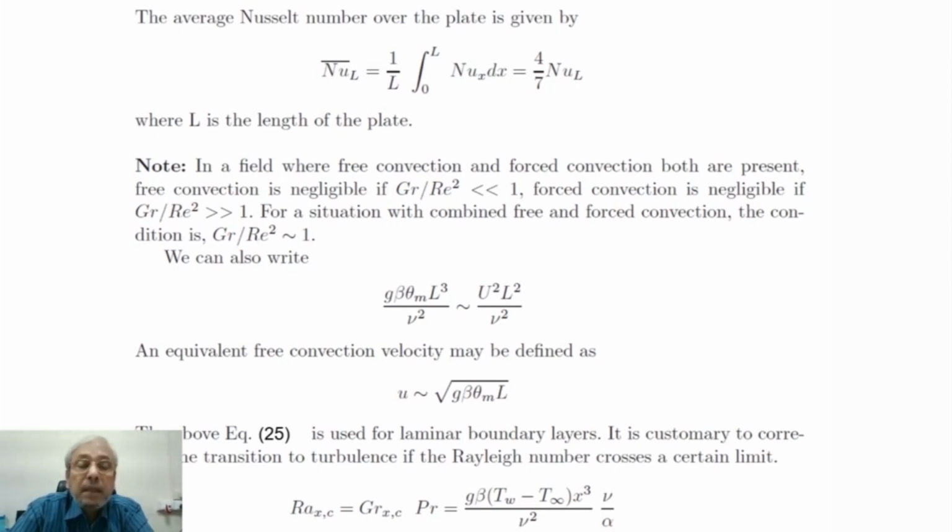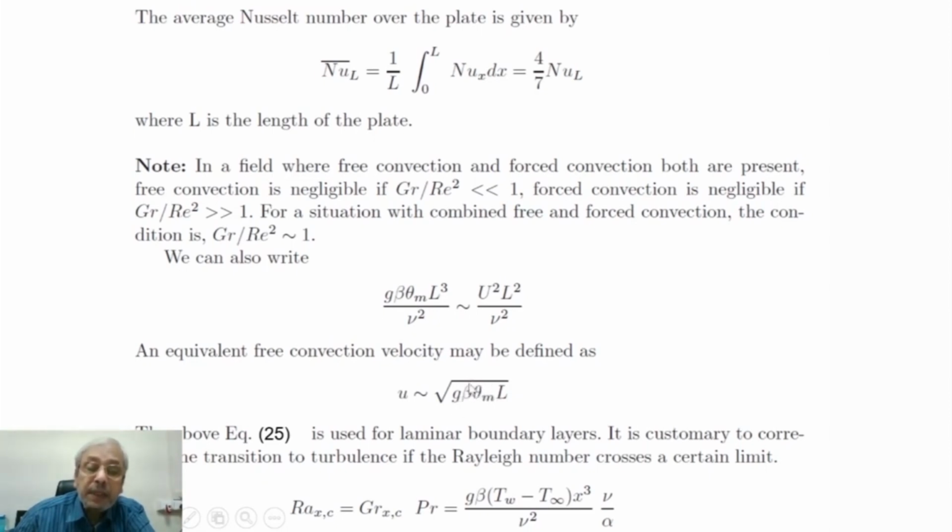So we can write Grashof number g beta theta_m L cubed by nu squared is of the order of u squared, where u is the forced flow velocity, L squared by nu squared. And from here we get the free convective velocity scale, which is root over g beta theta_m L. The unit of theta_m is temperature, Kelvin.